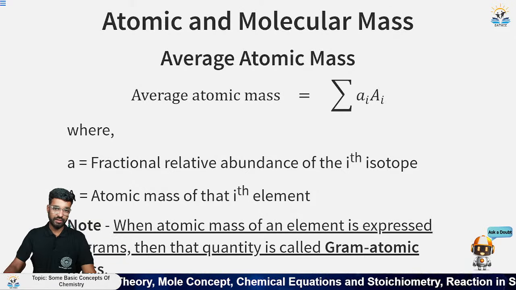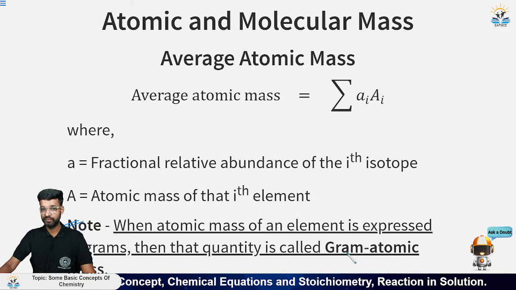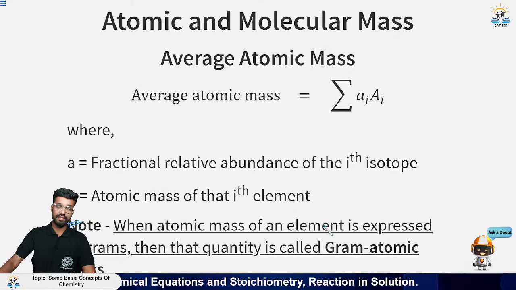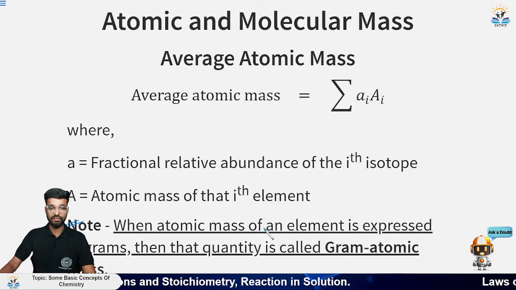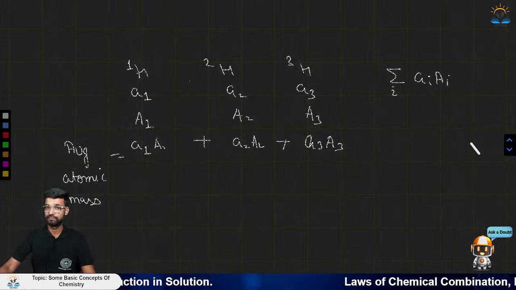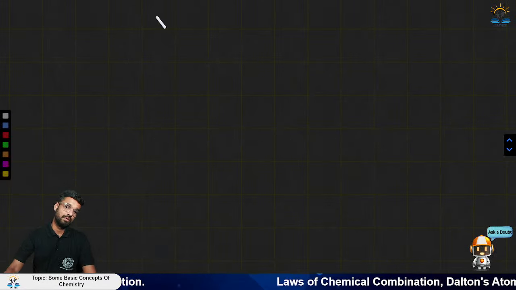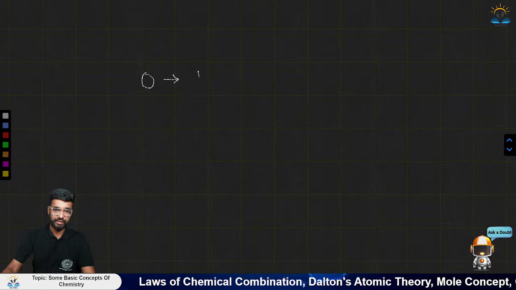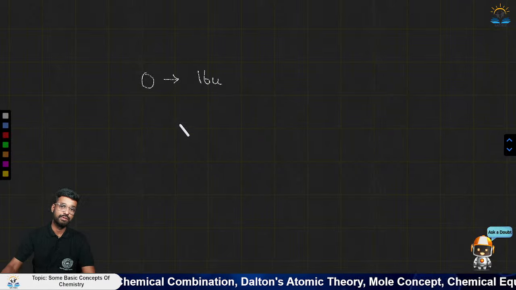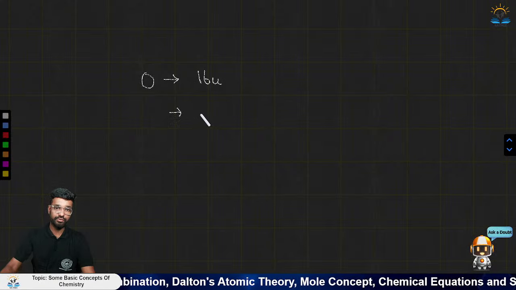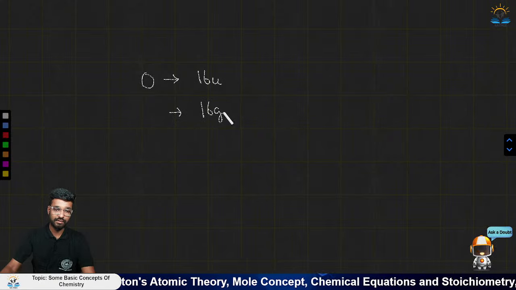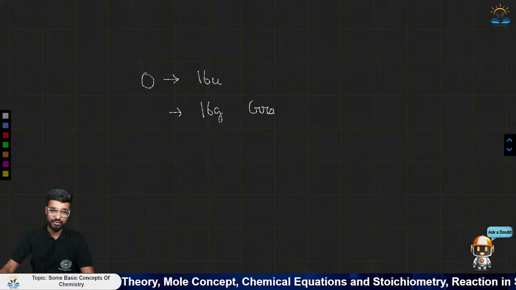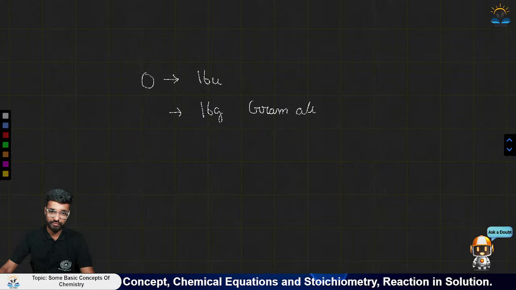Note one terminology written here. When the atomic mass is represented in terms of gram, it is called gram atomic mass. How? Suppose the atomic mass of oxygen is 16 u. If we represent this 16 u in terms of gram, then it is called gram atomic mass.